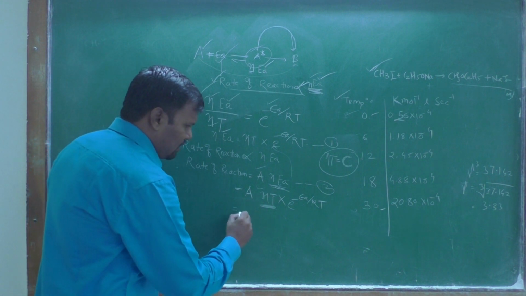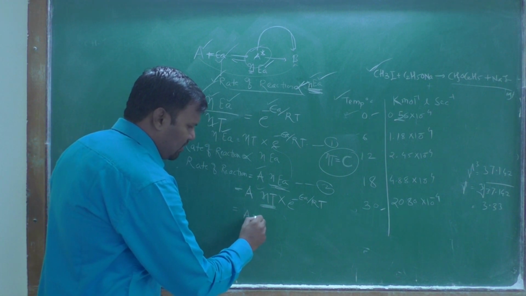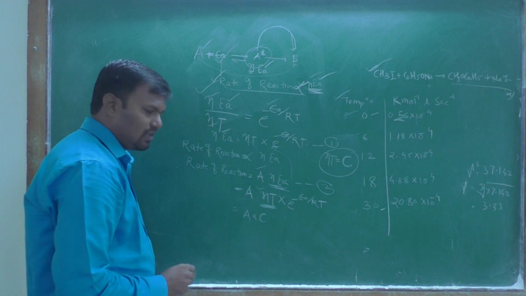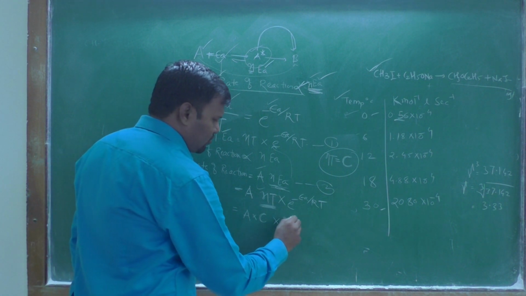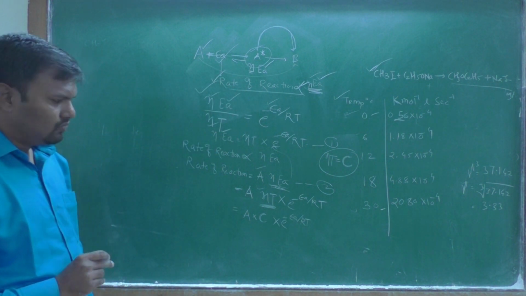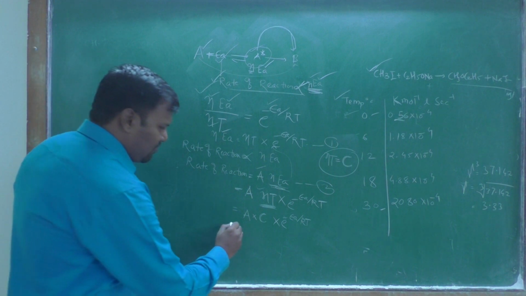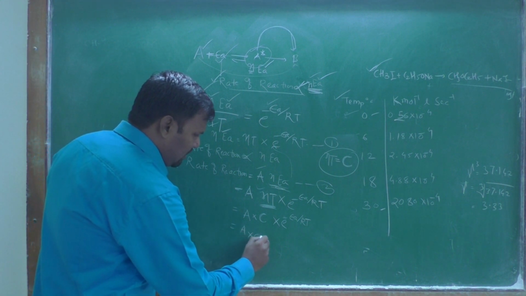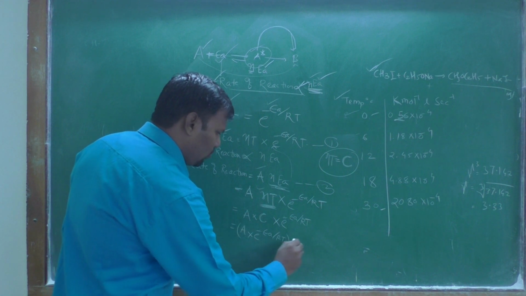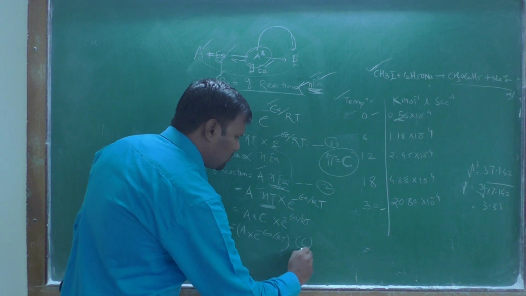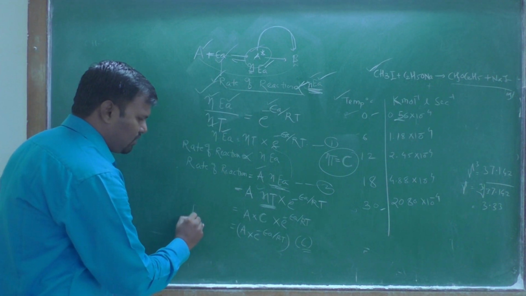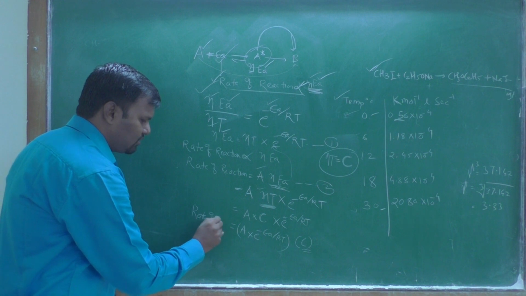Now A into e raised to minus Ea upon RT, into the concentration of reactant, is the rate of reaction.